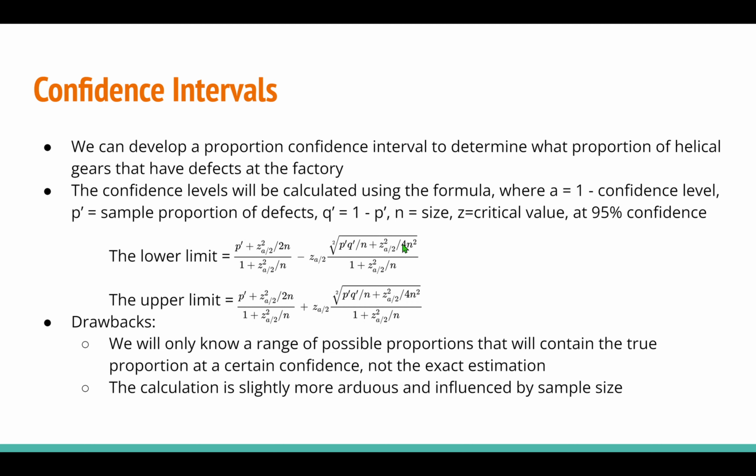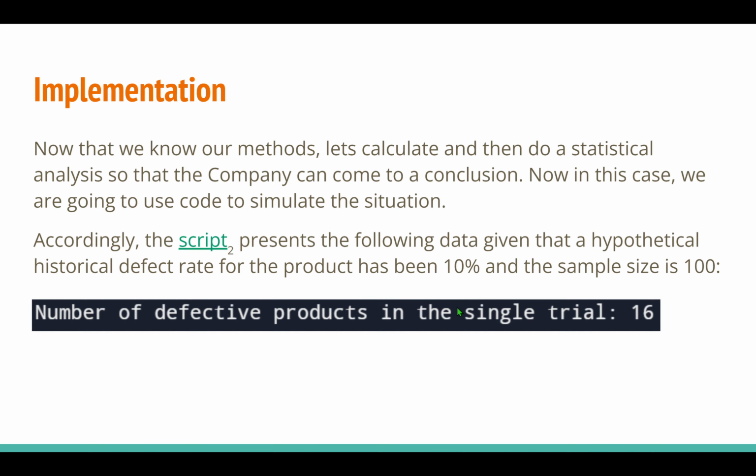The formulas are given below with a lower and upper limit, but it also has its drawbacks, as we will only know a range of possible proportions that will contain the true proportion at a certain confidence and not the exact estimate. Secondly, this calculation is slightly more arduous than the last one, and is also influenced heavily by sample size.